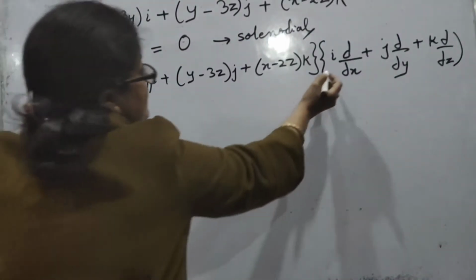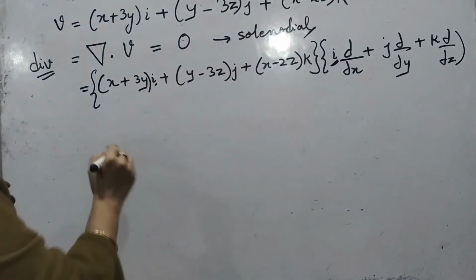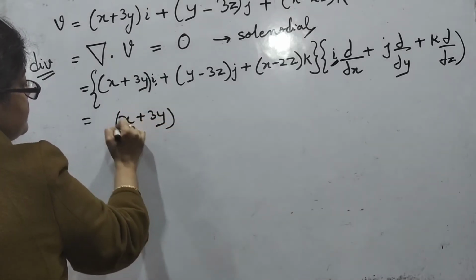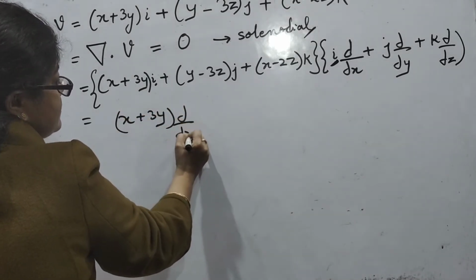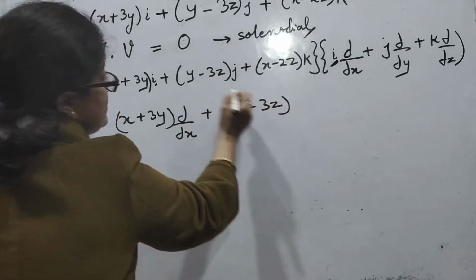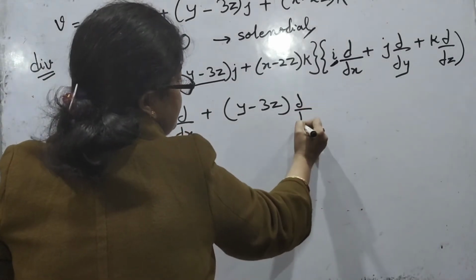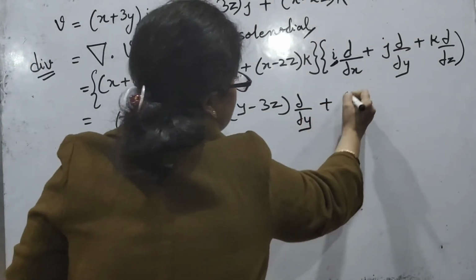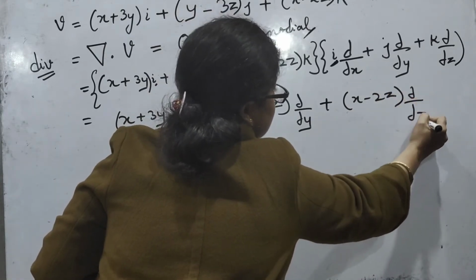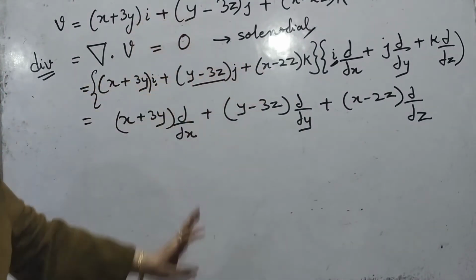So firstly multiply it. So i dot i is 1. So what we have, (x plus 3y) d/dx, then (y minus 3z) d/dy, then (x minus 2z) d/dz. Simply remove i, j and k from the vector.